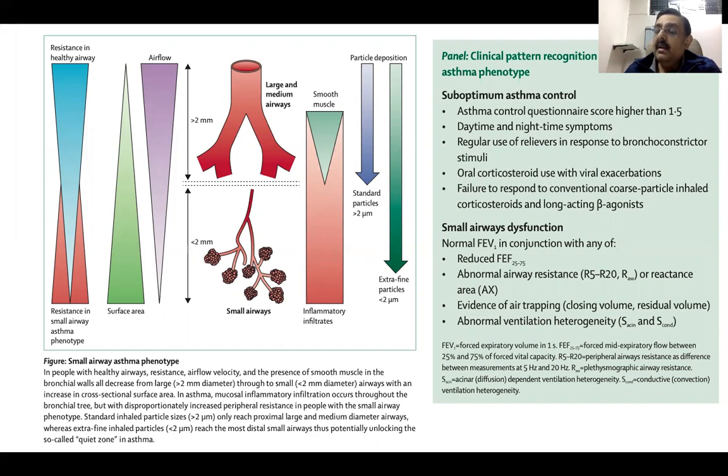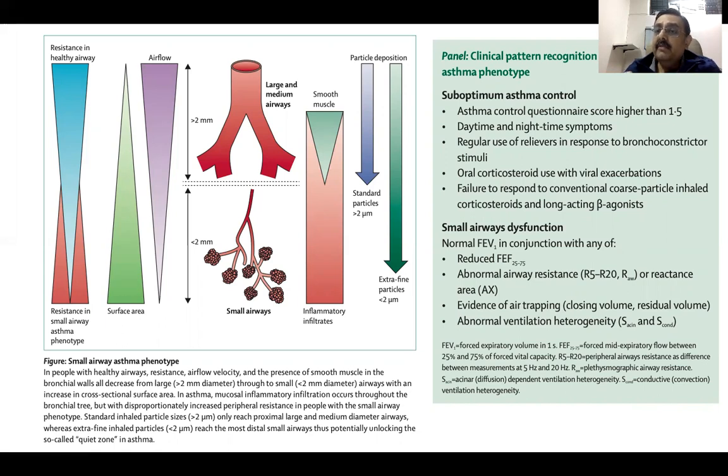Now, these smaller airways are difficult to pick up with spirometry. There are ways you can look at the smaller airways, for example, FEF 25 to 75 has been one, but the problem is that it is not a very robust criterion. Then people started looking at the AX values in oscillometry, and there are some other ways people have looked at, but that appears to be a bit more complex.